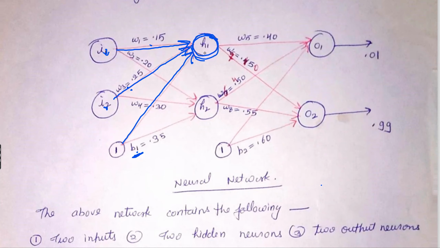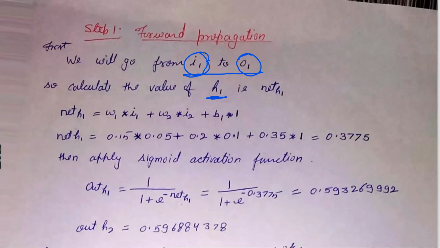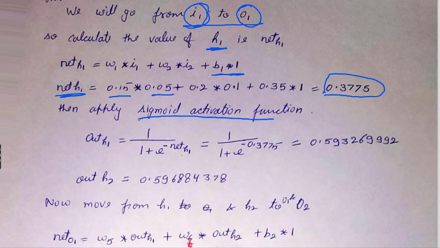After putting in all the input values and weight values, we get the value of net H1 as 0.3775. After getting this value, we will apply the sigmoid activation function.